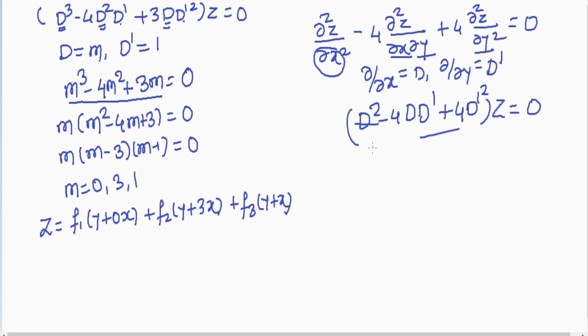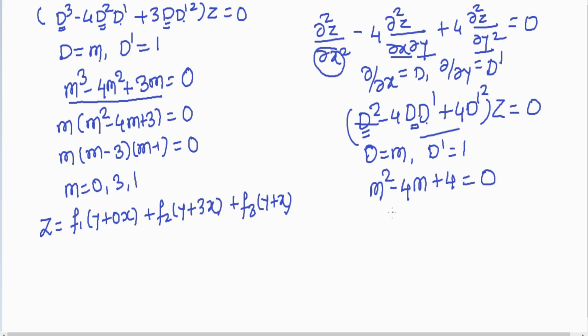Now to get the auxiliary equation, replace D by m and D dash by 1: m squared minus 4 into m D dash 1 plus 4 equal to 0.